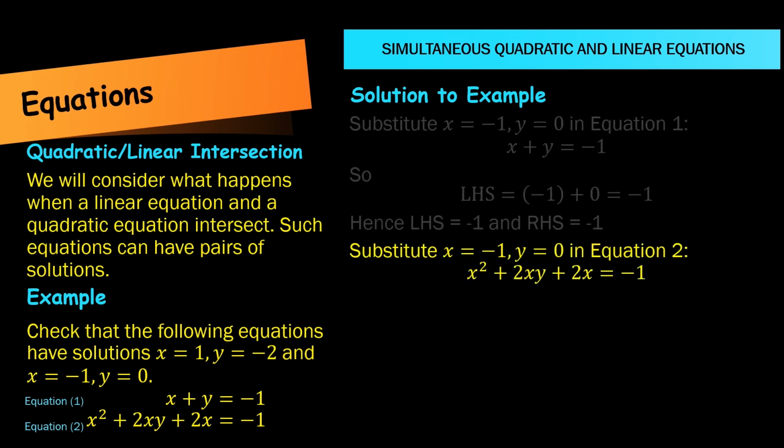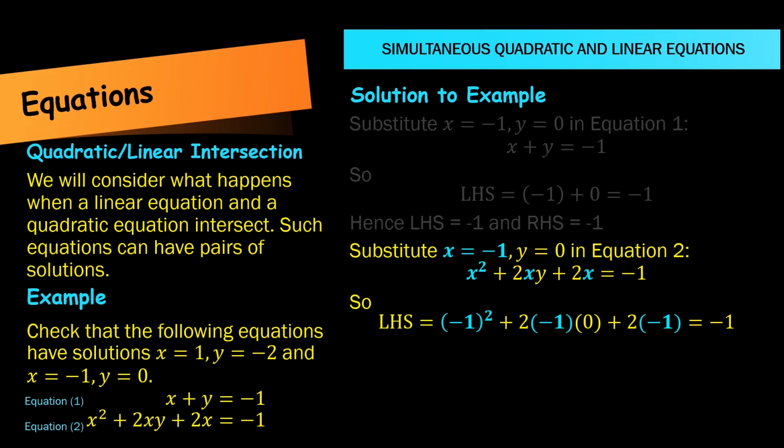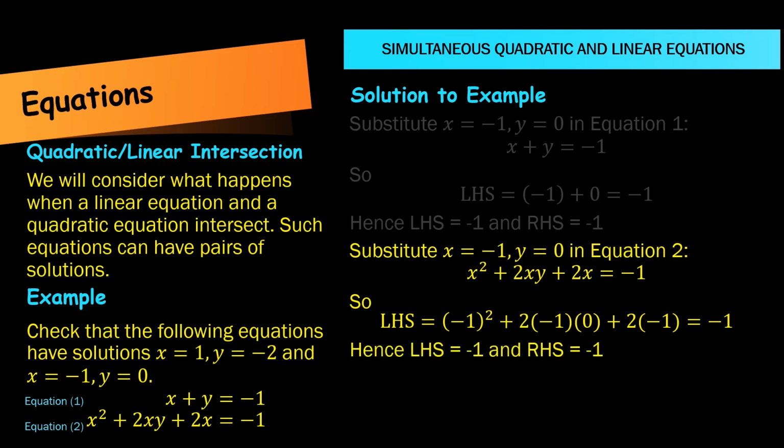Now for equation 2. Let's substitute x equals minus 1 and y equals 0 in equation 2. As shown, the left-hand side equals minus 1 and the right-hand side, of course, is minus 1 too.